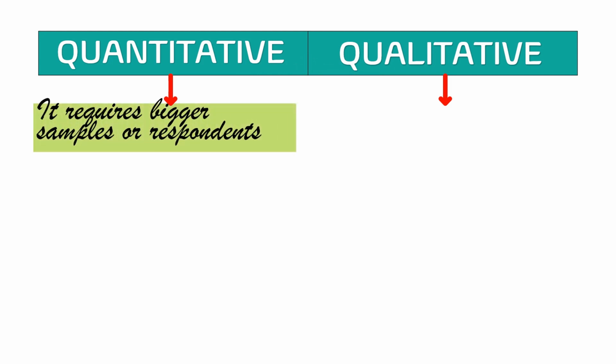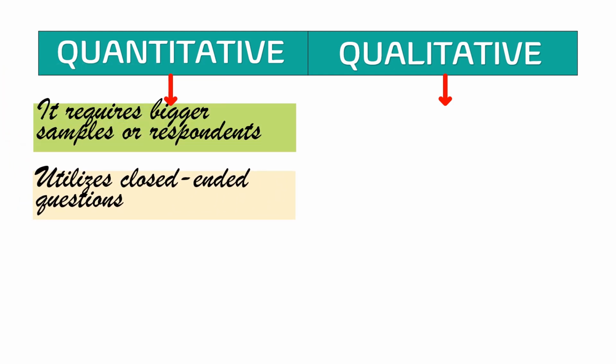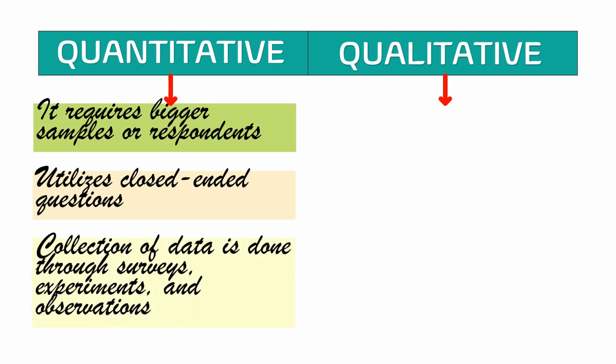Other common differences among the two are the following. Quantitative requires bigger samples or respondents, as I mentioned earlier. It utilizes closed-ended questions, and collection of data is done through surveys, experiments, and observations.